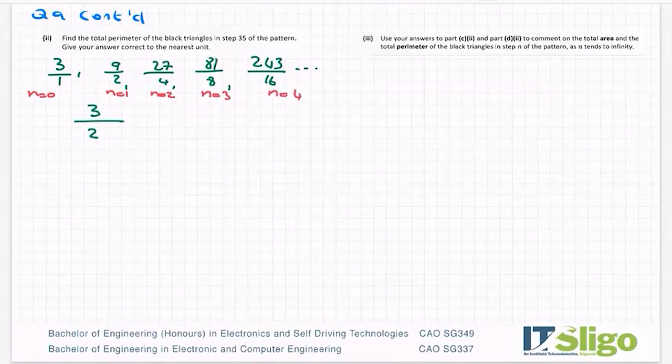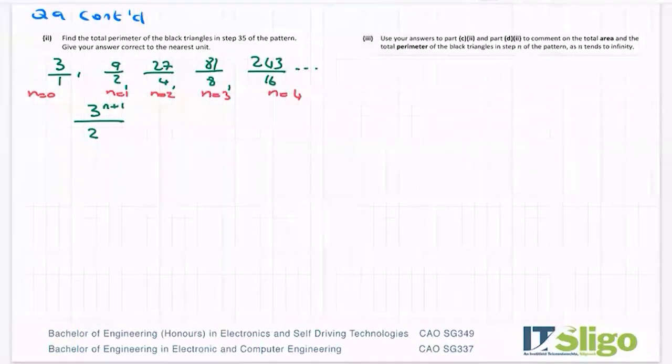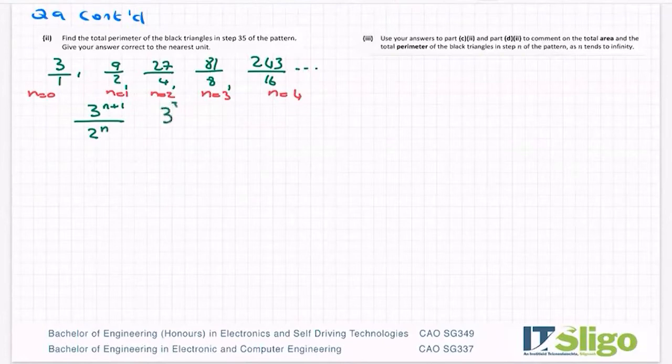When n is 1, how do I force the top to be 9? It looks like I do an n plus 1, because when n is 1, I'm getting 3 squared. And on the bottom, I have just 2 to the power of n. Let me test it. When n is 2, I get 3 to the power of 3 over 2 squared. Yeah, so that's working.